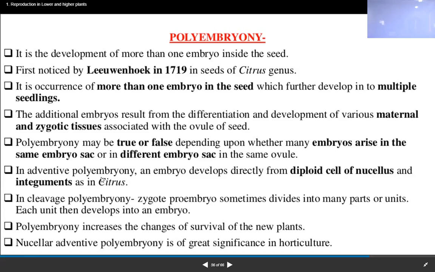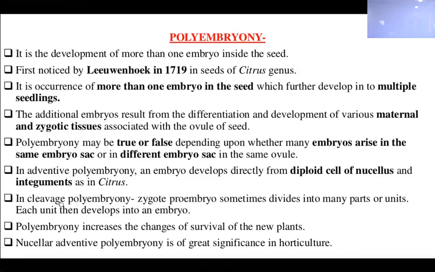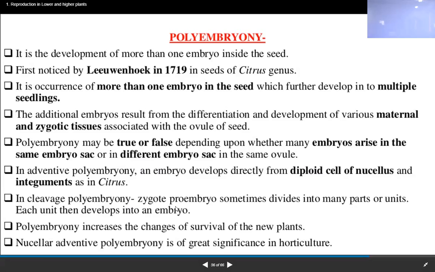In adventive embryo polyembryony, an embryo develops directly from a diploid cell of the nucellus and integument. For example, in citrus. Cleavage is nothing but segmentation. In polyembryony, the zygote pro-embryo sometimes divides. See, cleavage is nothing but division only. So this pro-embryo divides into many parts or units, and each unit then develops into an embryo.